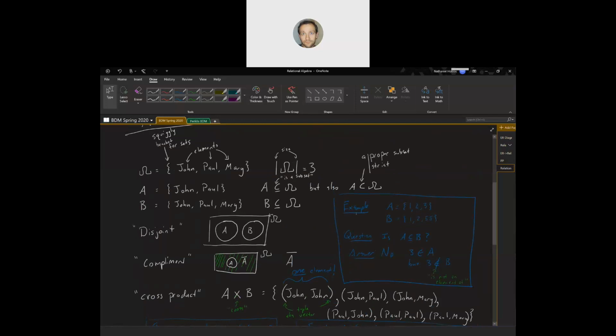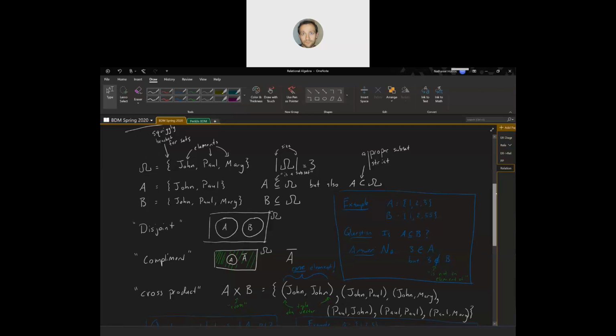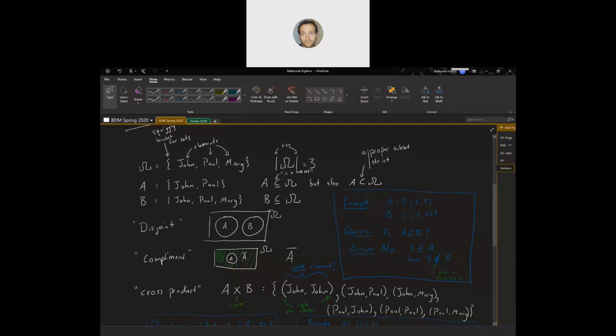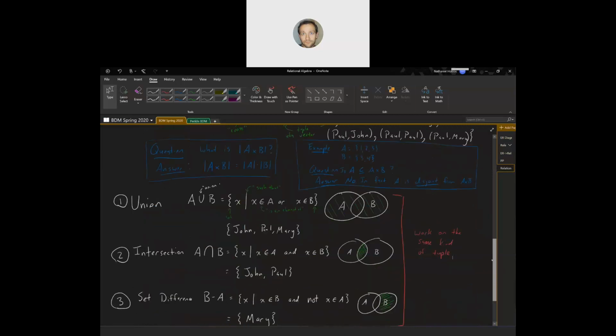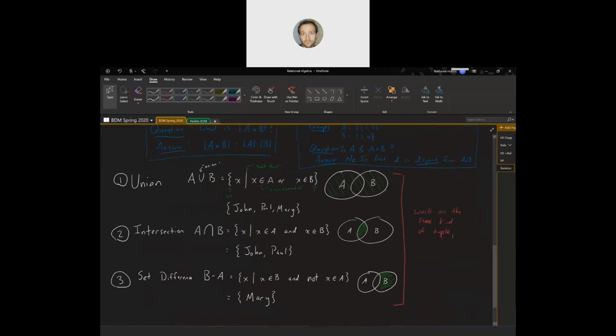So here we can discuss, for example, B minus A, because each of these are sets of one element each, and they're in the same world, omega. Because each of them come from the same world, they all work on the same kind of tuple. That's what I mean by that.